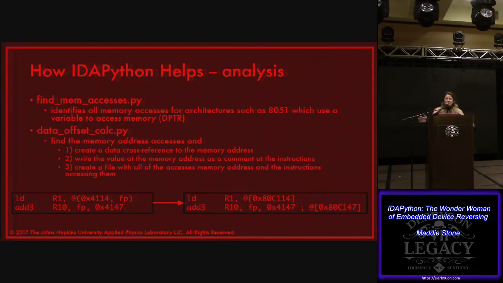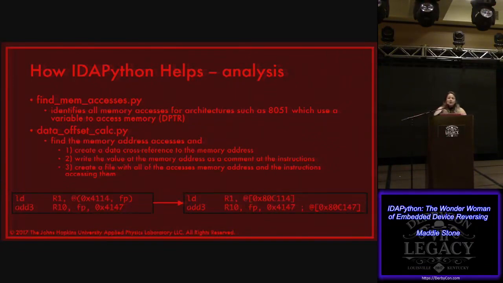It turns out the value of this frame pointer was 80800, something like that, so it's not easy math to do in your head. You also see these add3 instructions where they are loading a register with that memory address to then access later on.